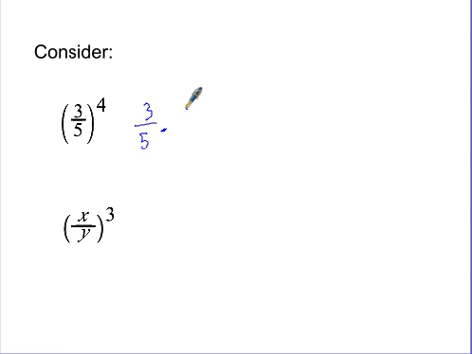So it would look like this: 3 fifths times 3 fifths times 3 fifths times 3 fifths. And then we could simplify that. What is 3 times 3 times 3 times 3? It's 3 to the 4th over 5 to the 4th.